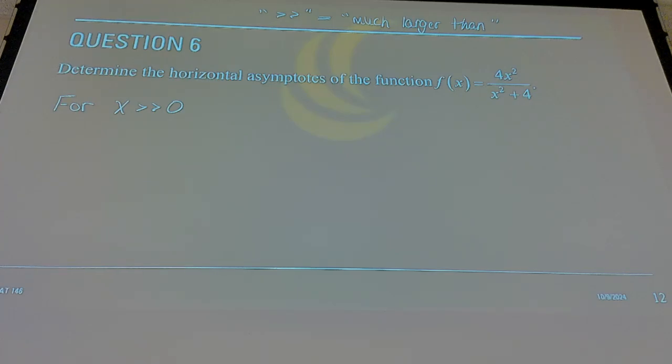So for x much greater than 0, well, the numerator is not going to change.